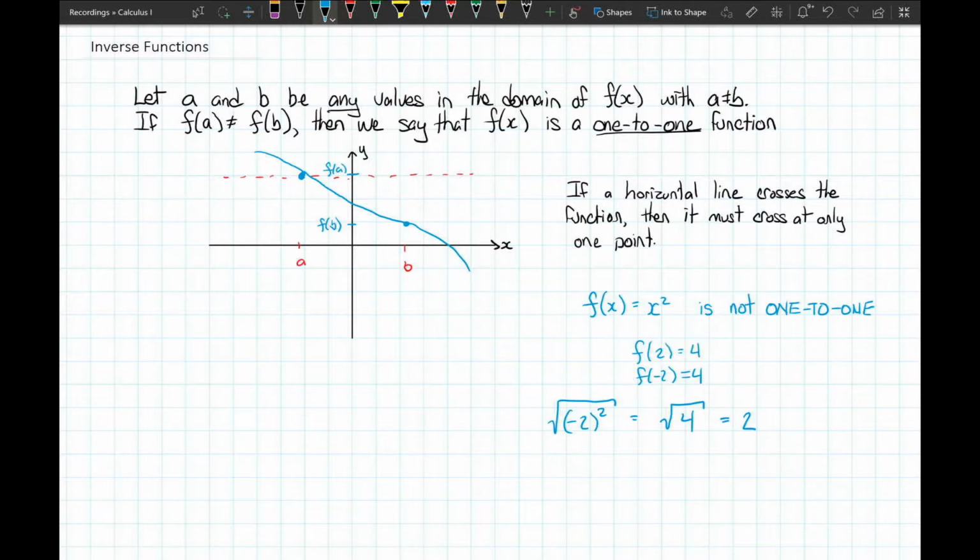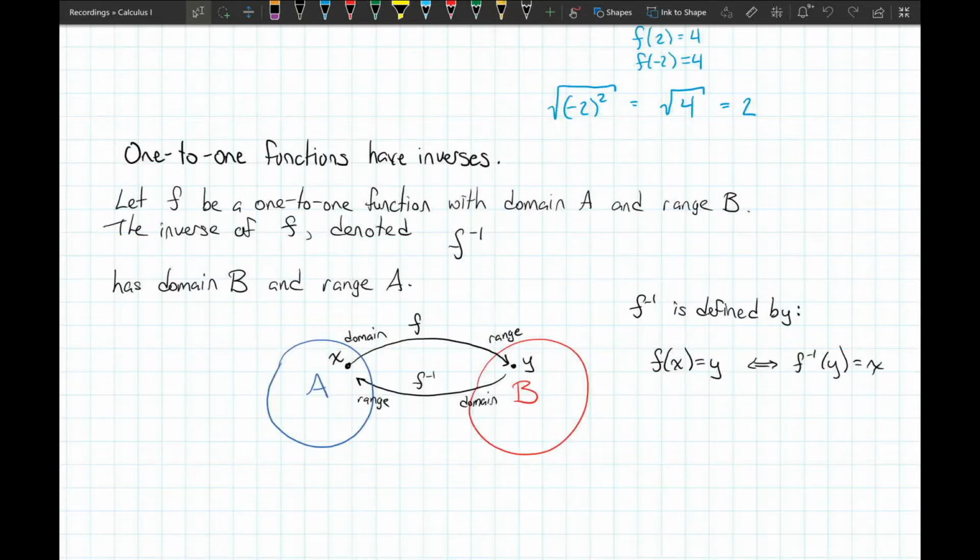So what is an inverse? Well, an inverse is going to do the opposite operation of a function, but only one-to-one functions have inverse functions. Now that we know that one-to-one functions have inverses, we can look at the definition here.